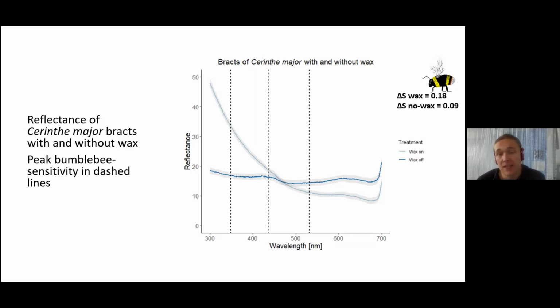And if you take these spectra and plot them into bumblebee color space using a color vision model in R, you see that the delta S, which is basically how well it resonates, the bigger the number, the more it resonates with them, is twice as big for the waxy bracts as the non-waxy bracts, which makes it very promising in terms of our hypothesis that this was a structural pollination cue, which takes us back to the main question again.